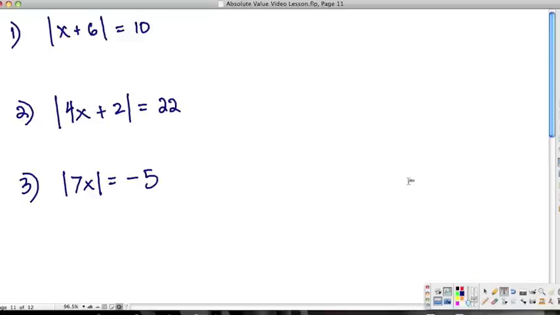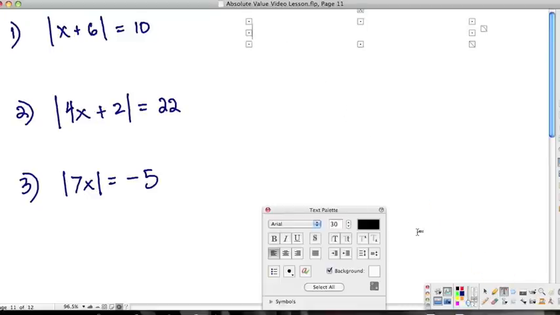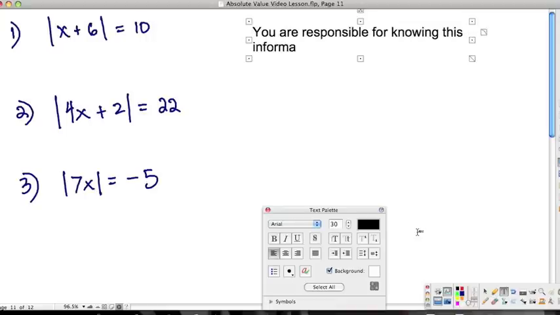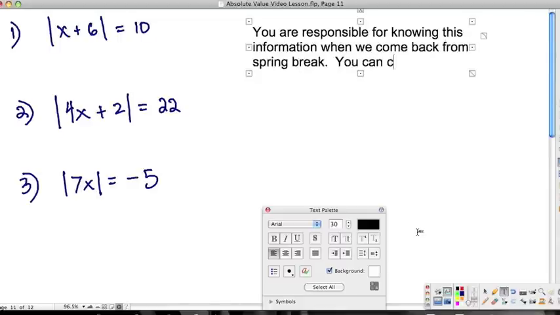I'm just going to type while I talk about this, but you are responsible for knowing this. Like I said, you are responsible for knowing this information when we come back from spring break.